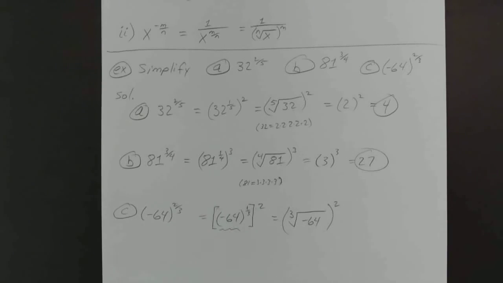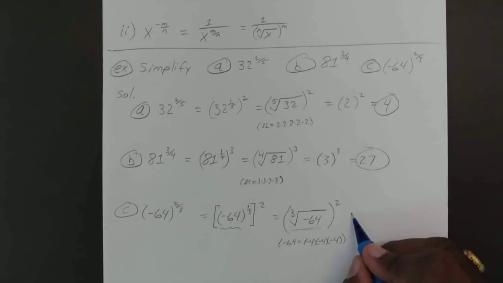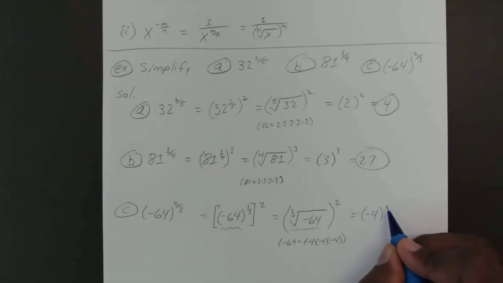Okay, so we know that the cube root of 64 is 4, well, negative 4. Negative 4 times negative 4 times negative 4 is negative 64. So negative 64 equals negative 4 times negative 4 times negative 4. So that just simplifies to negative 4 squared.